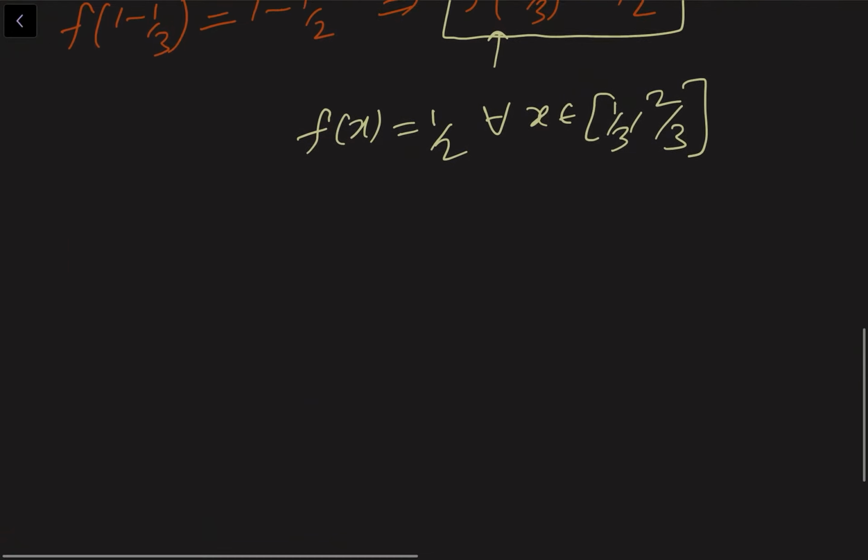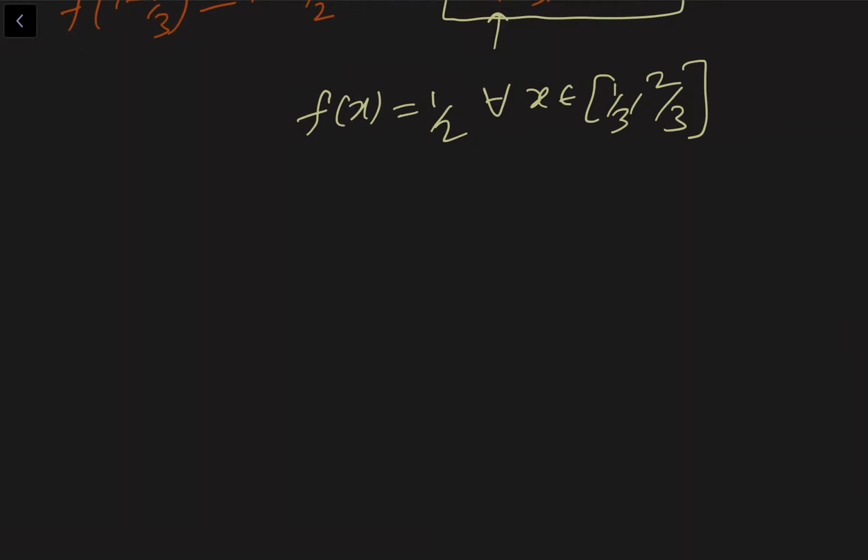Now let's come to the value which we need to find. We need to find the value of f of 173 divided by 1993. If we got something in the middle which lies between this range, then we can directly find the value. But if you carefully observe, this does not lie between these values.